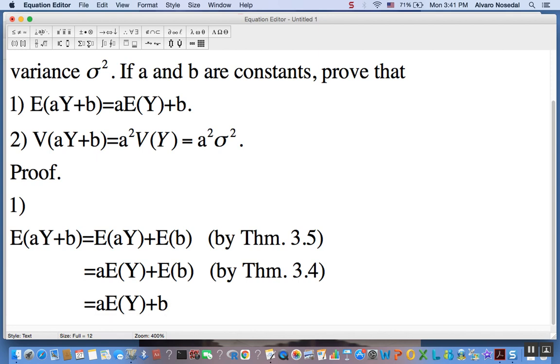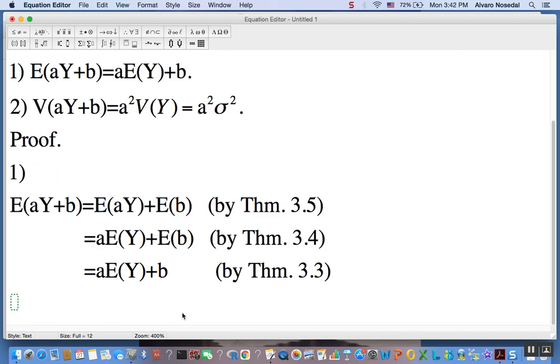And that's by another useful theorem that we have already shown in another video, and this one was labeled in your textbook as theorem 3.3. Okay? So as you can see, we started from the left hand side of this identity and we reached the right hand side using results that we have shown previously. Okay, so we're done with part 1.